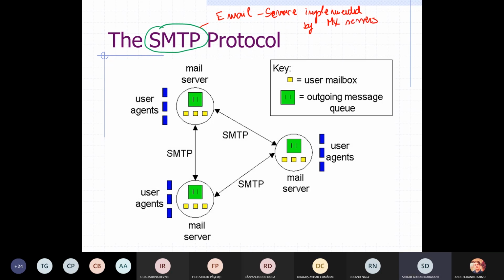Basically, when you want to send email, for example, you are a user, and you want to address email to a specific user, for example, abc@google.gmail.com.